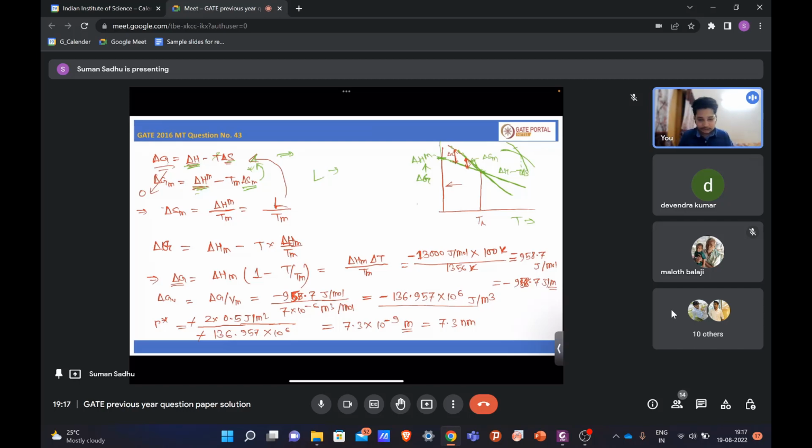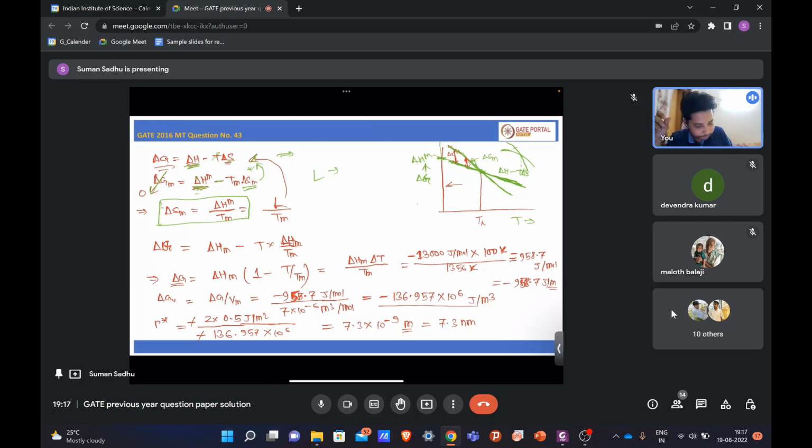So now it is assumed that this delta H and delta G lines are basically straight lines, so the slope is the same at every point. So that's why at this point delta G is 0. So at this point delta Hm minus Tm into delta Sm is 0. So you can write delta Sm as delta Hm by Tm, right?